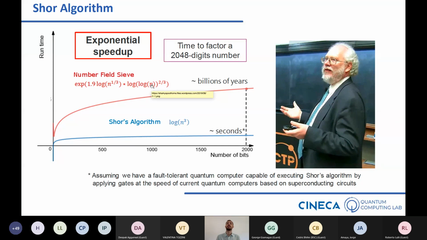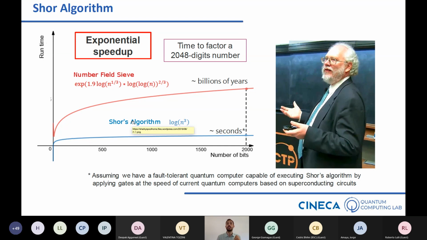So even if we had this algorithm run by the most powerful HPC supercomputer nowadays, it would take billions of years, something of the order of the age of the universe, to factorize a number with 2000 digits. This is the number of operations needed by this algorithm.